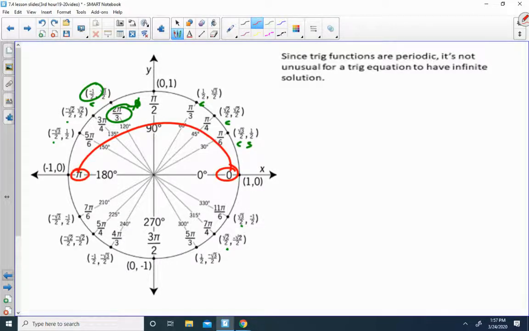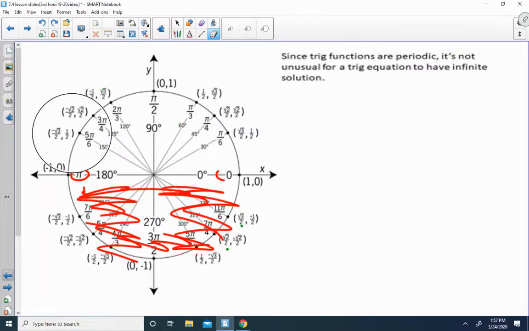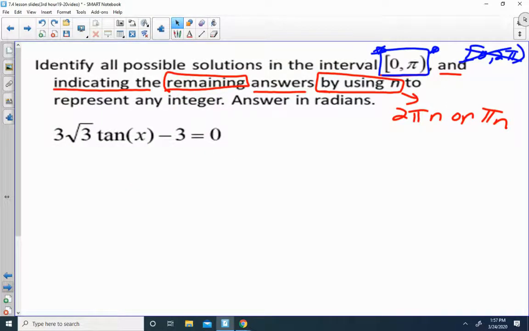It doesn't want anything afterwards. So in other words, you get to ignore the second half of the circle. I say it's a win. So we're only going to be focusing on the first half from 0 to pi. And now with that said, let's go back to our actual problem.